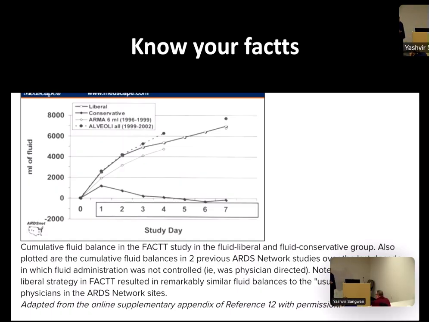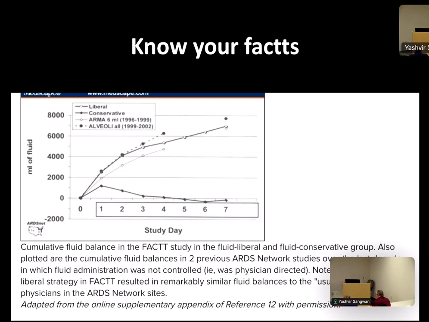The people, all of them, including the treatment arm, did get fluids when they needed. Except that when they got better with their blood pressure and all that stuff, the fluid got taken off. And at about day 3, they were fluid even. And at about day 6, minus 300 cc's was their cumulative fluid balance.